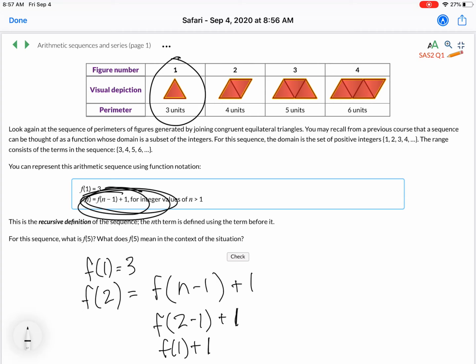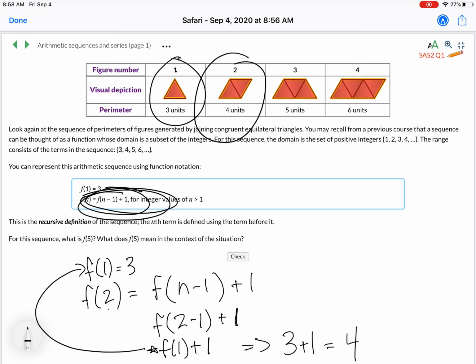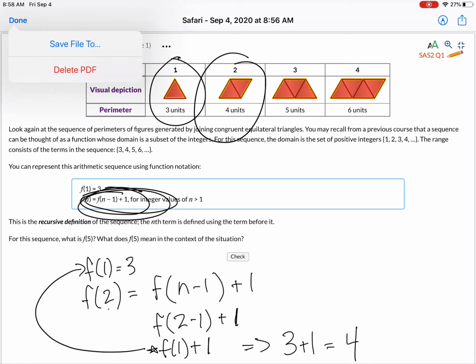I'm just simplifying and bringing my terms down. Well, now you have to know the term before to answer this. So look right here, f of 1. Going back up here, f of 1 is 3, and I'm just adding on that 1. I'm getting 4. So when I plug in a 2, I'm getting out a 4. It just keeps going and going and going.